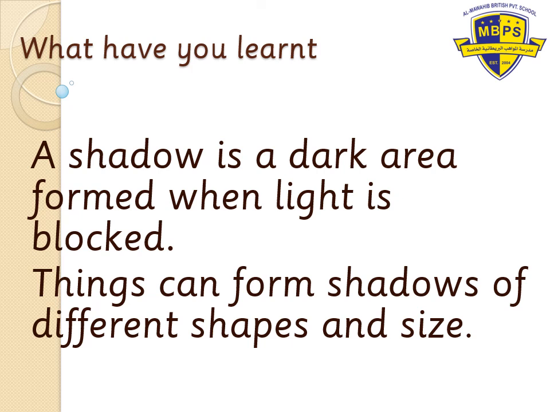So I should have light sources and an object blocking this light. Things can form shadows of different shapes and size. Very good. What do you think about the color? Answer very fast. Is there a color? No color. It will be totally black. Very good, grade 1.